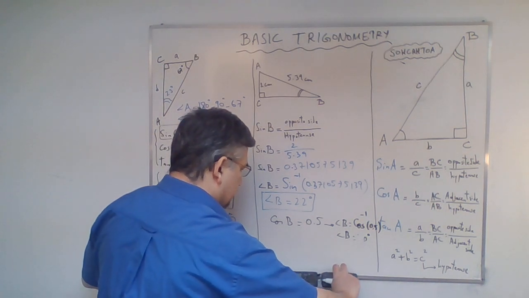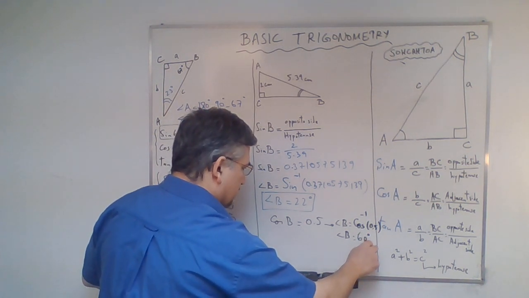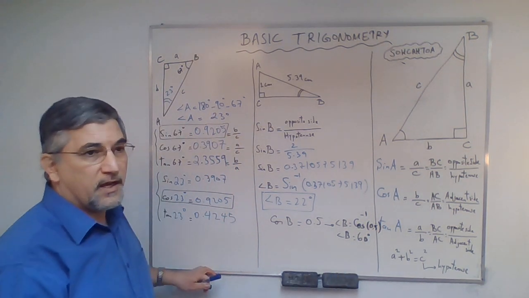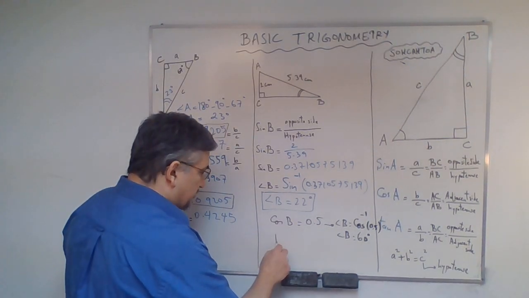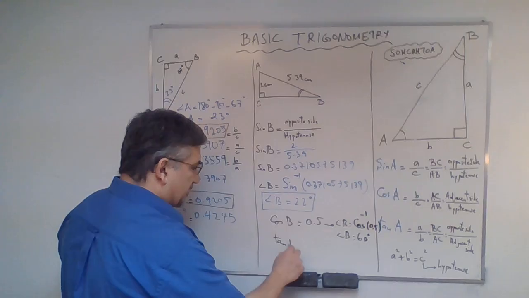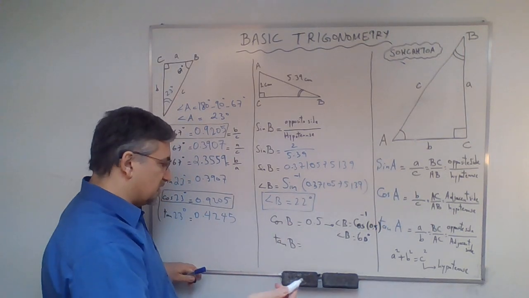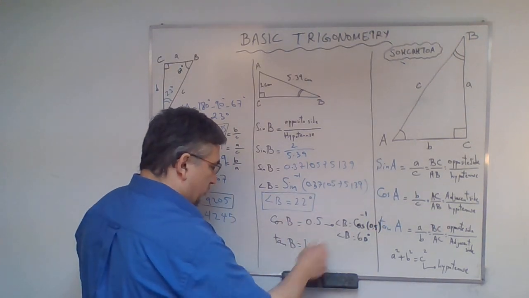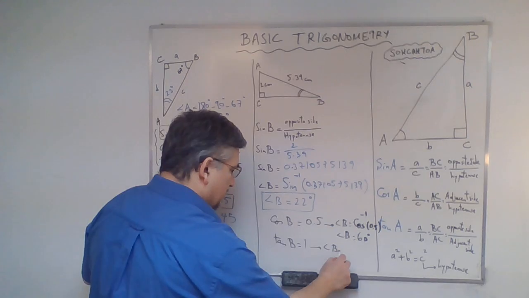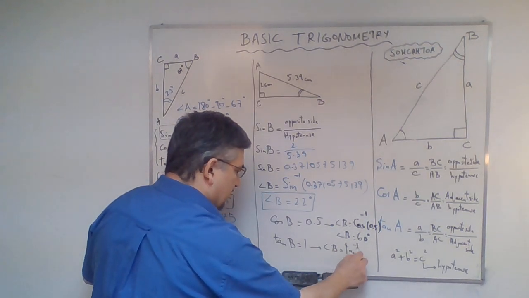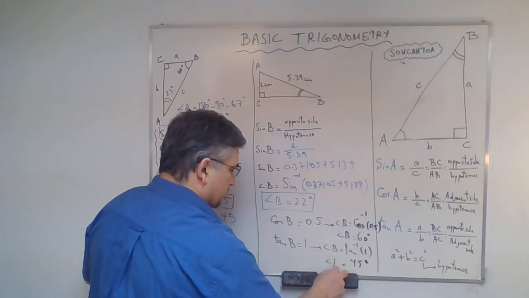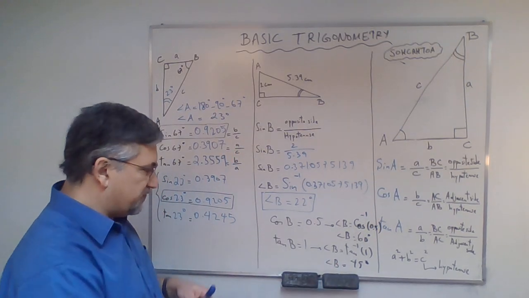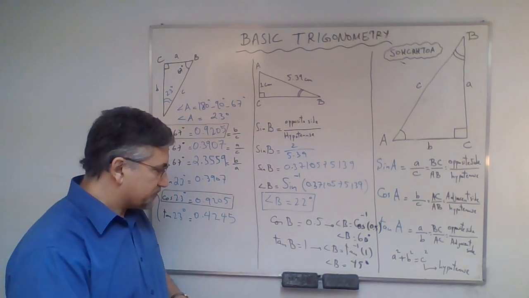Angle B equals 60 degrees. Or, for example, tangent of some angle is equal to, let's say, 1. Then angle B would be inverse tan of 1, which is 45 degrees. So you get 45 degrees on the screen of the calculator.